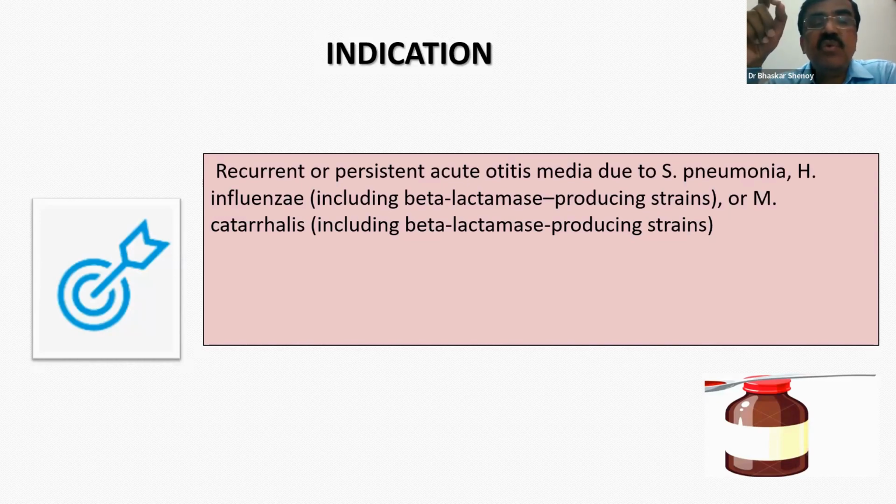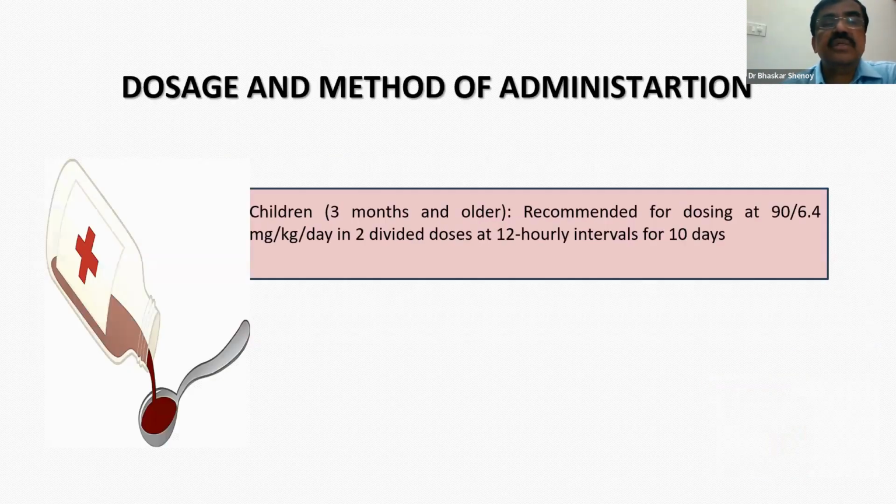Whereas H. influenzae has beta-lactamase production to the tune of about 50%, but Moraxella catarrhalis is resistant to the tune of 90%. So that is a scary situation.